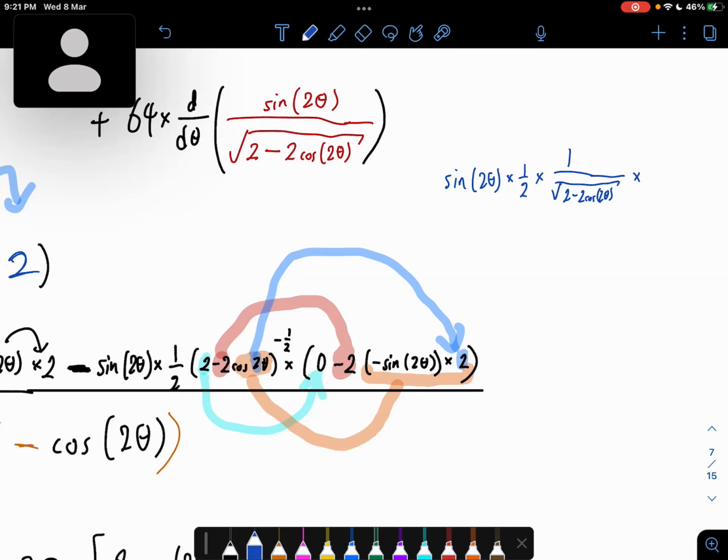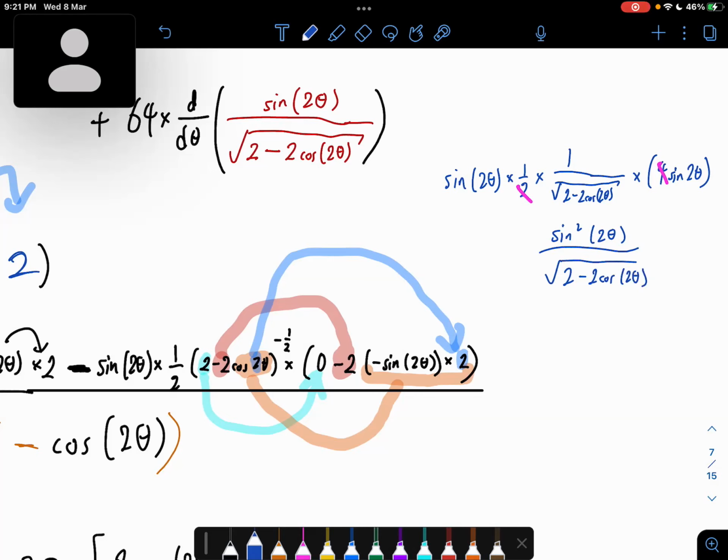Minus times minus is positive. 2 times 2 is 4. So it's just 4 sine 2 theta. Right? This part is 4 sine. Okay, 4 and half cancel away. Then you're left with sine times sine, which is sine square 2 theta, all over square root 2 minus 2 cos 2 theta.